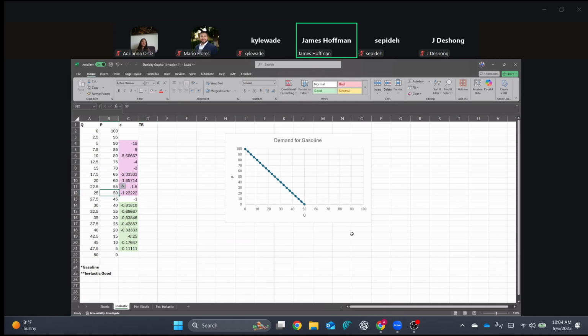So at a price of 50, your revenue is just 25 times 50, right? And at a price of 55, your revenue is 23.5 times 55. So you can see that if you increase the price from 50 to 55, what happens to your revenue?